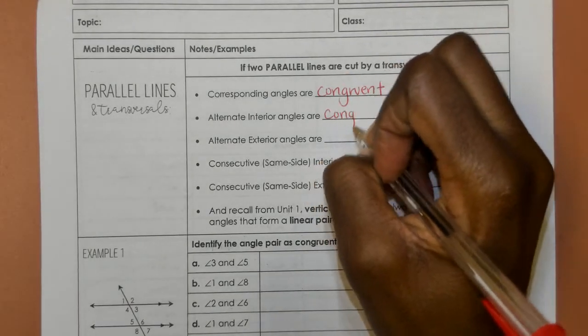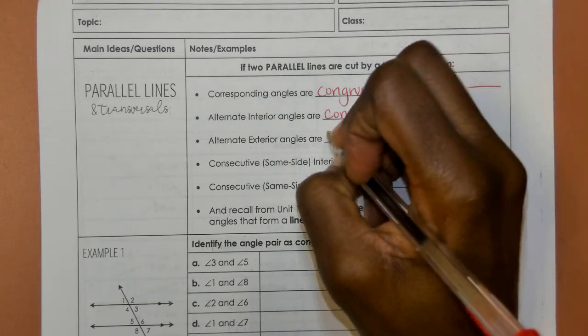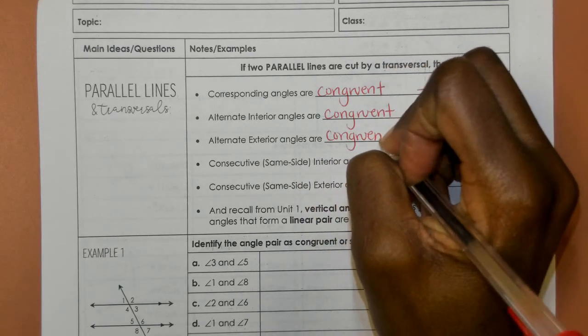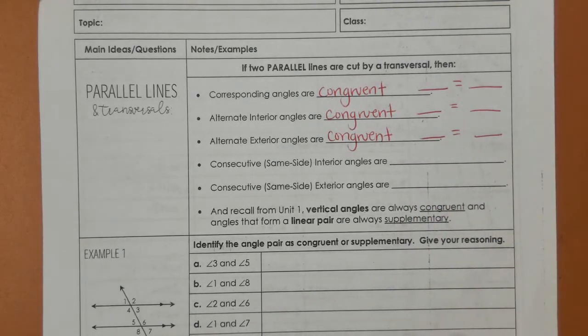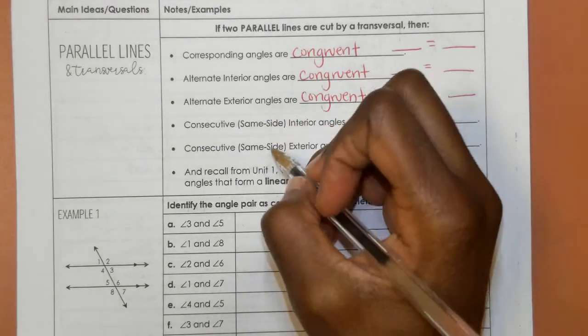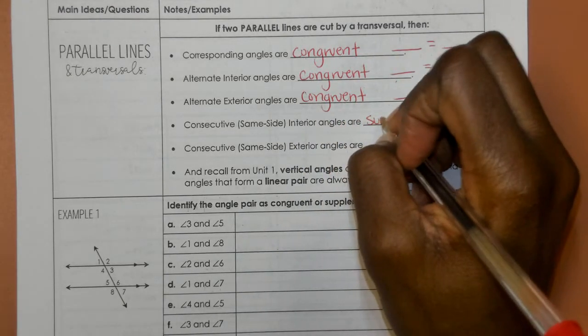Alternate interior also congruent, and alternate exterior congruent. So all of these have the equation of something equals something else. If they're same side, either interior or exterior, they're supplementary.